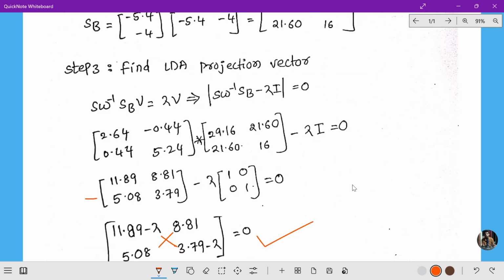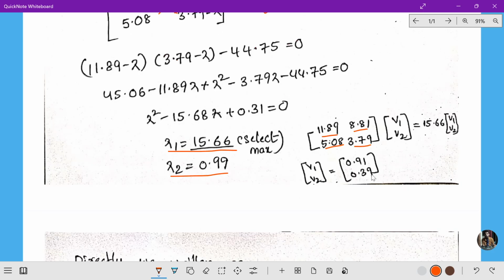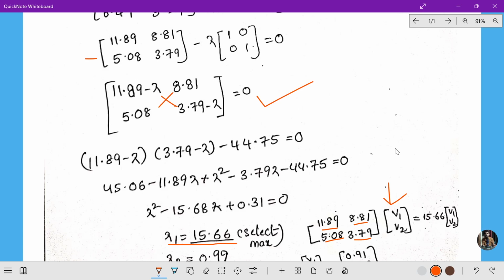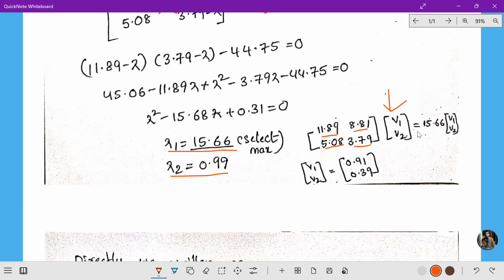In order to find the final values, we are going to add one vector, the vector v1 and v2, multiplied with 15.66. Actually there are two values: lambda 1 is equal to 15.66, and lambda 2 is equal to 0.99.